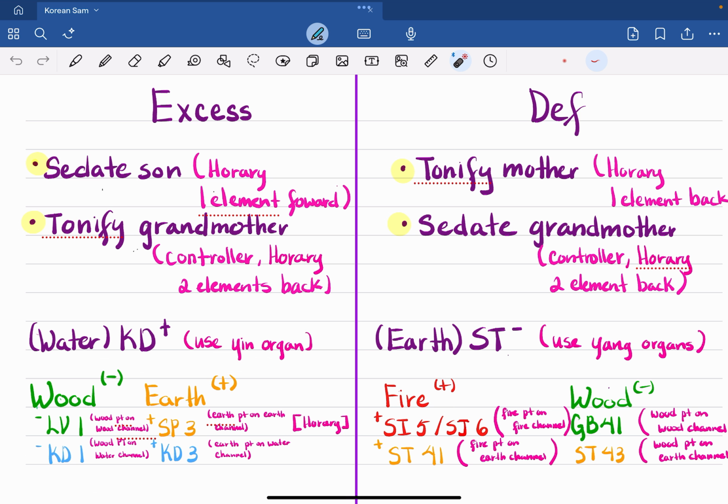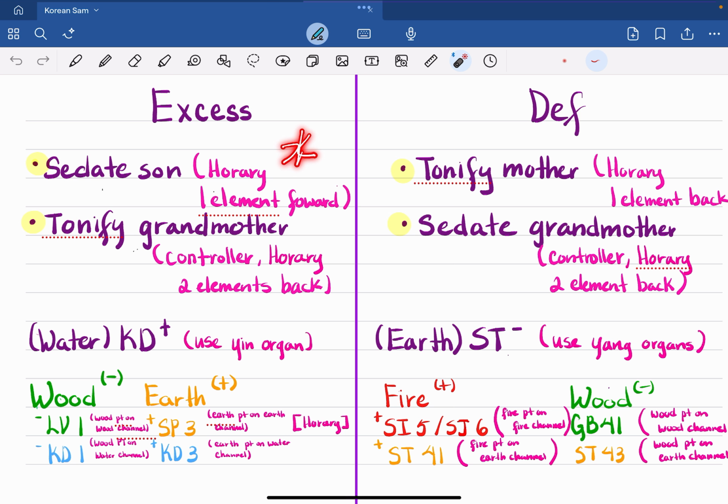So in order to figure out what elements are in play, first of all, we're going to look at what we are dealing with. We're dealing with an excess condition of the kidney. So that's water. So we have one player here, shui. Now it says there are 2 rules. Number 1, sedate the son. The son is usually the receiver end.